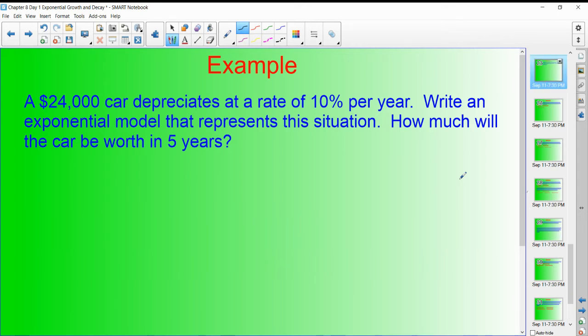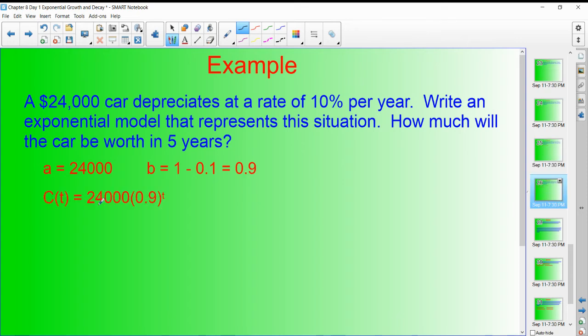So we'll deal with the first one. $24,000 car depreciates at a rate of 10% per year. Okay, I start with 24,000. My multiplier is 0.9. It loses 10%, so it keeps 90%. And then my equation is a times b to the x.